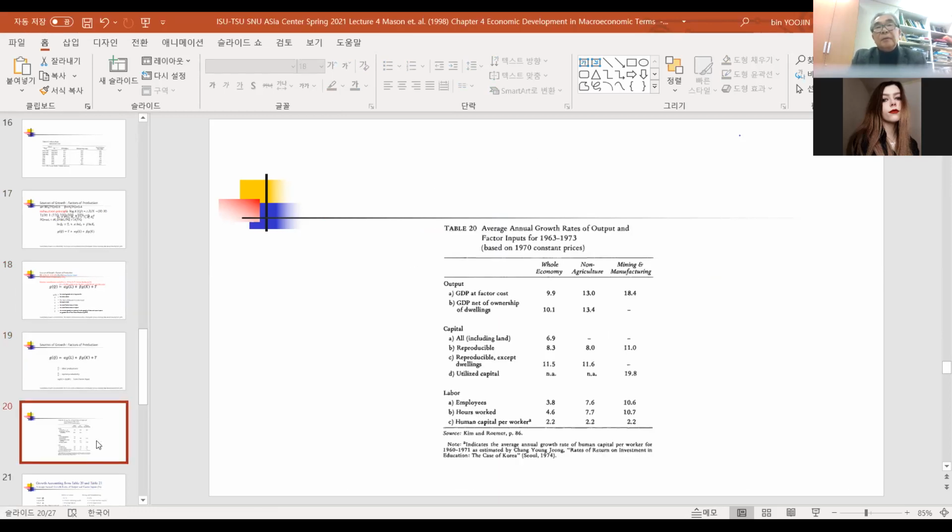So let's take a look at some statistics compiled and analyzed on the economy of South Korea, Republic of Korea, during the high growth period, 1963 to 1973.